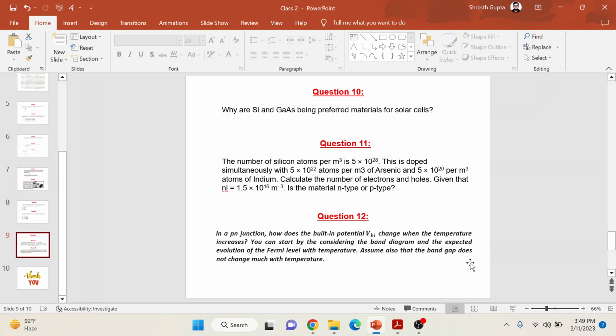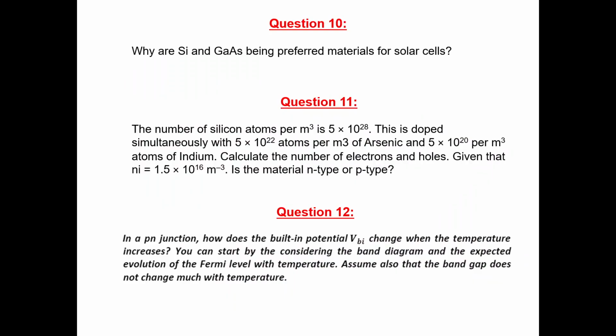Now we have to calculate the number of electrons and holes, given that ni is equal to 1.5 × 10^16 per meter cube, and we also have to tell whether this material is n-type or p-type. I am giving you 2 to 3 minutes to think about the answer, and if not, then I'll tell the answer myself at 3:52.